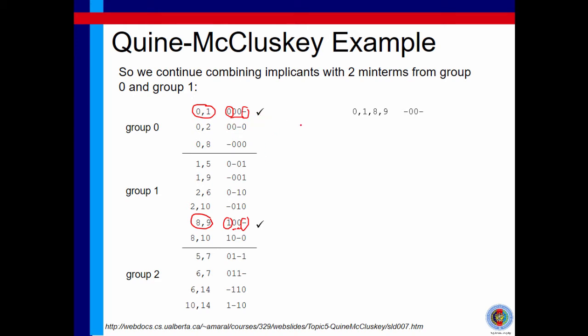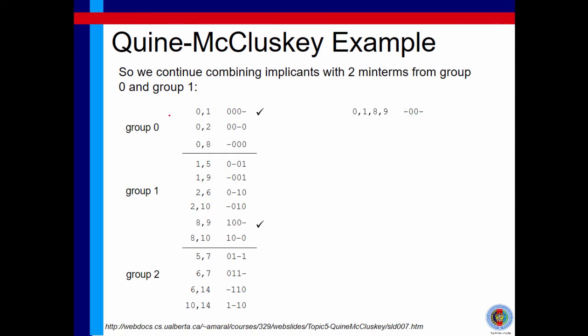We can put ticks like this, and we make a longer list of minterms to indicate that this is an implicant of 4 minterms, and the notation is dash 0 0 dash, because now variable A also changed.